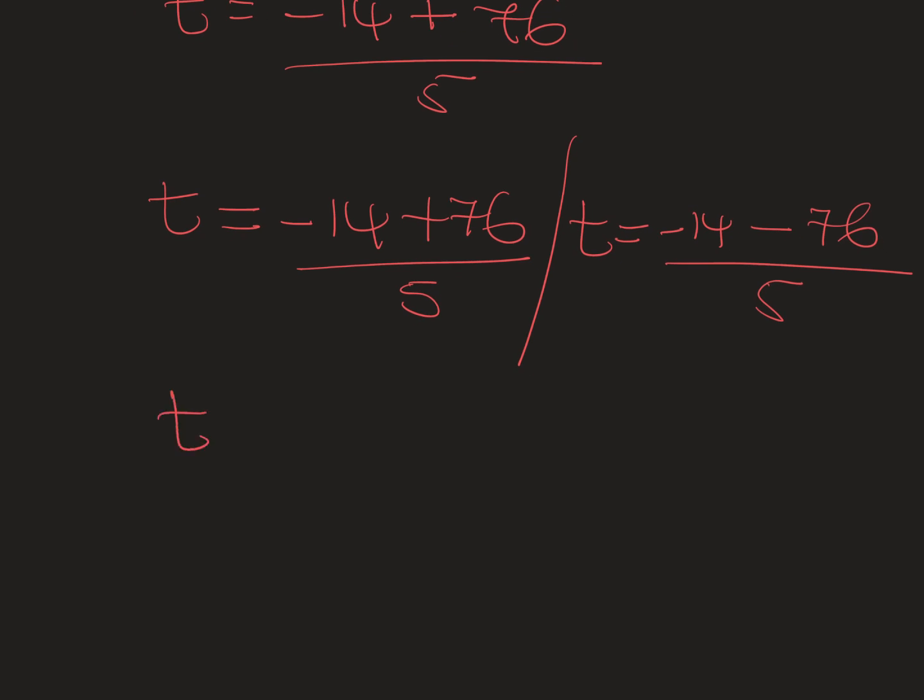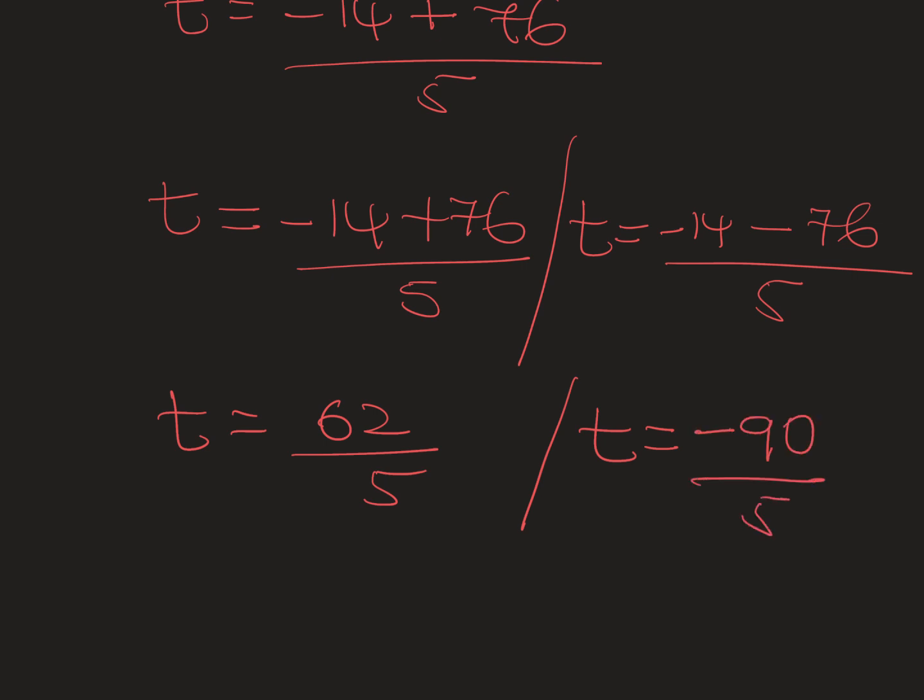That gives 62 over 5, or minus 90 over 5.